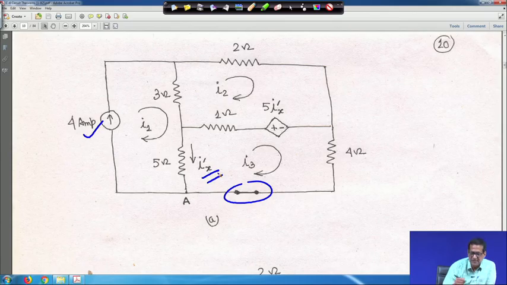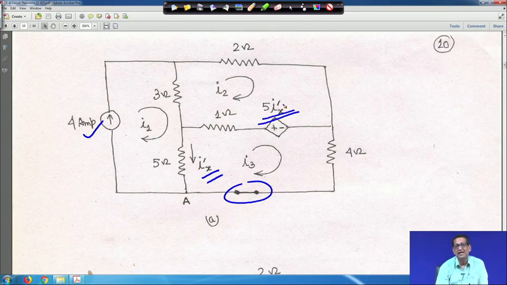As per the meshes, I1, I2, I3 are shown, and here the dependent source will also be 5 into Ix dash. So, it is not Ix now, it is Ix dash.